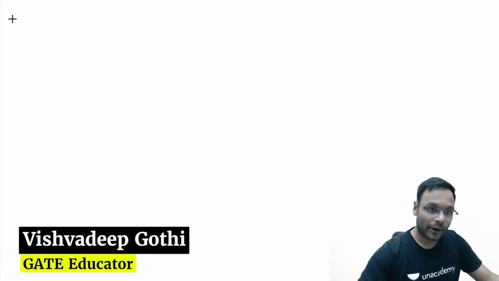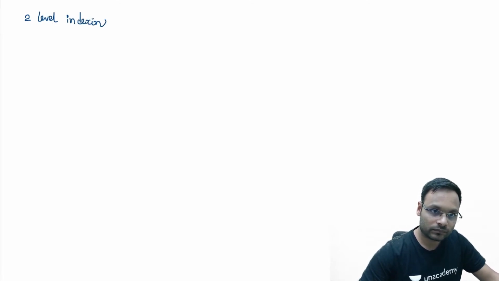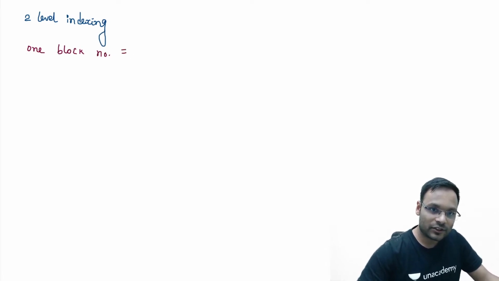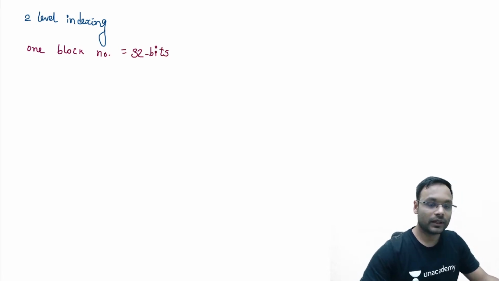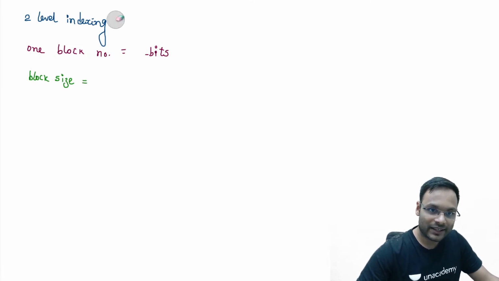Let's say you have two level indexing. One block number you have is of 32 bits, and you have block size equal to, okay, let me take it as 64 bits.